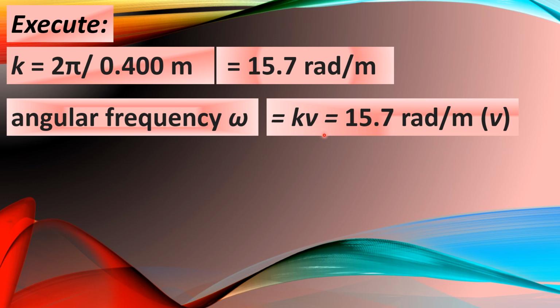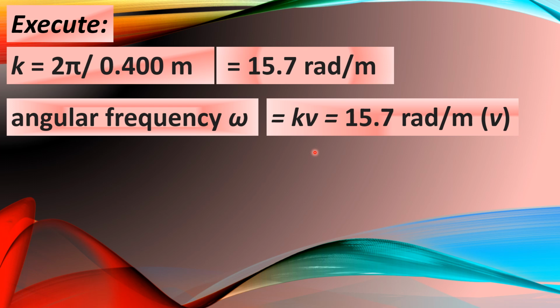Substituting the value of k, we get omega equals 15.7 radian per meter multiplied by small letter v, or the speed of the wave propagation. This formula relating the angular frequency and the speed of the wave propagation is true for any periodic motion, such as what we are discussing now.